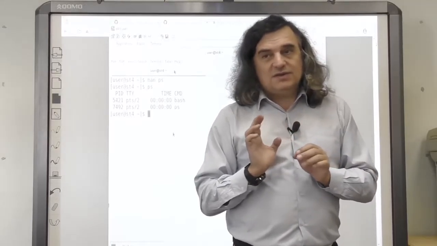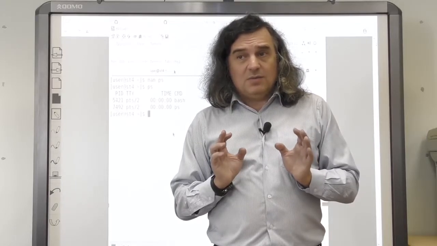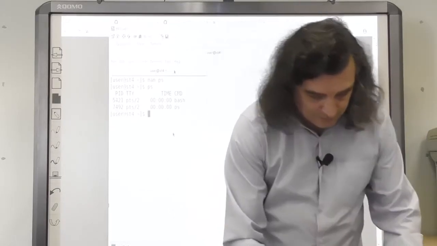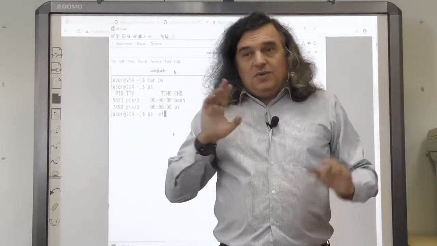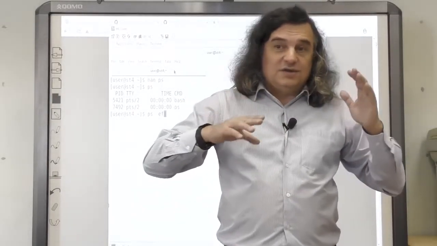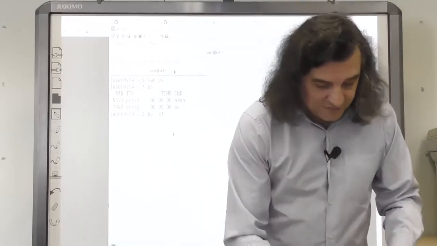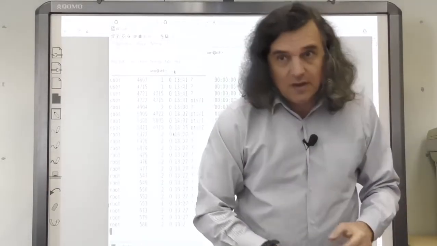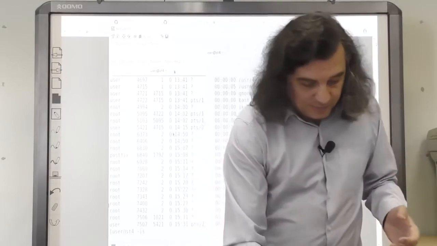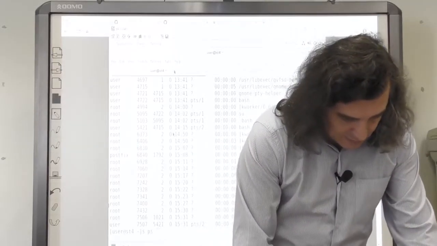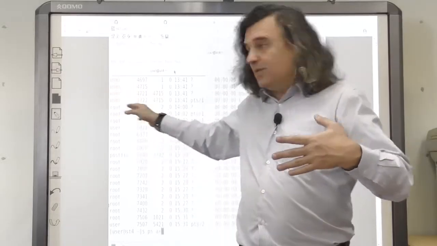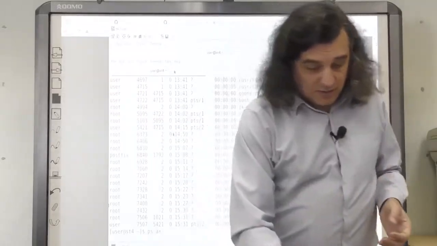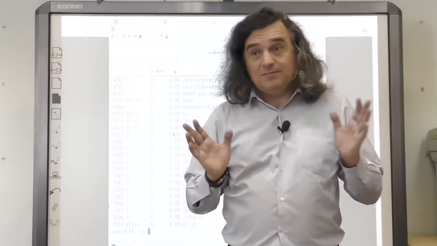To get the status for all processes, we must use ps -ef for System 5 and ps -ax, maybe without dash, for BSD.